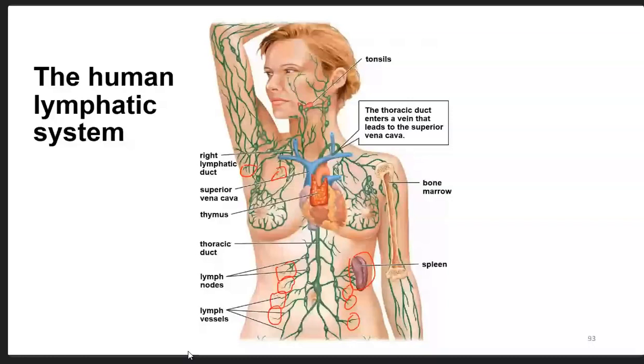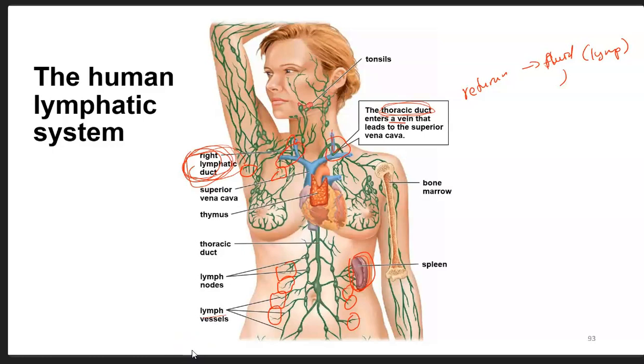So dia akan masuk dekat area ni, kan? Thoracic duct enters a vein kat sini. Subclavian vein we call it. Okay, right and left subclavian vein. So the lymph will join back to your blood circulation by entering this subclavian vein through the right lymphatic duct and also the thoracic duct.